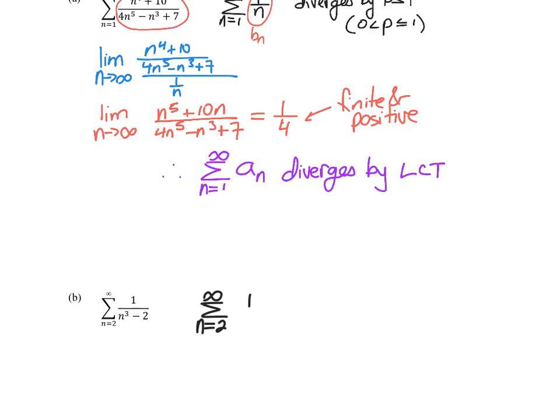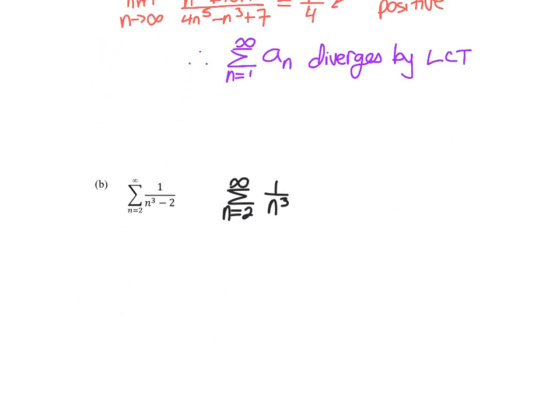All right, so 1 over n cubed. I'm going to find the limit as n approaches infinity of 1 over n cubed minus 2, over 1 over n cubed.